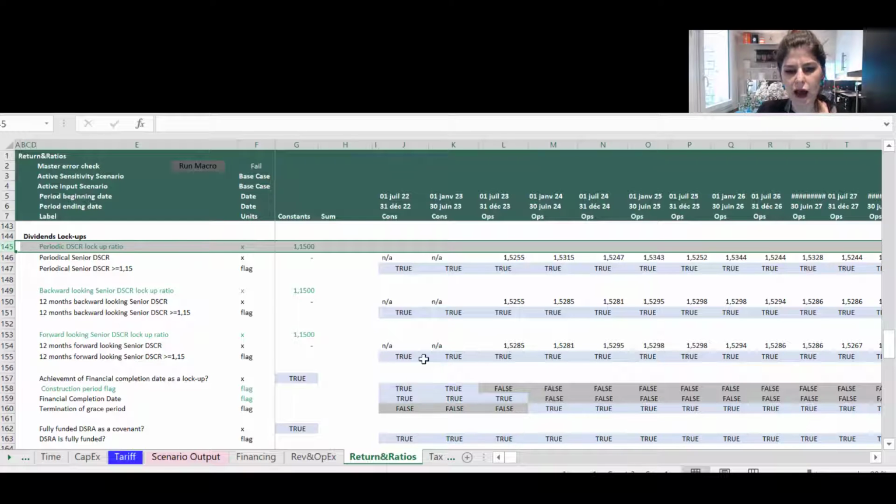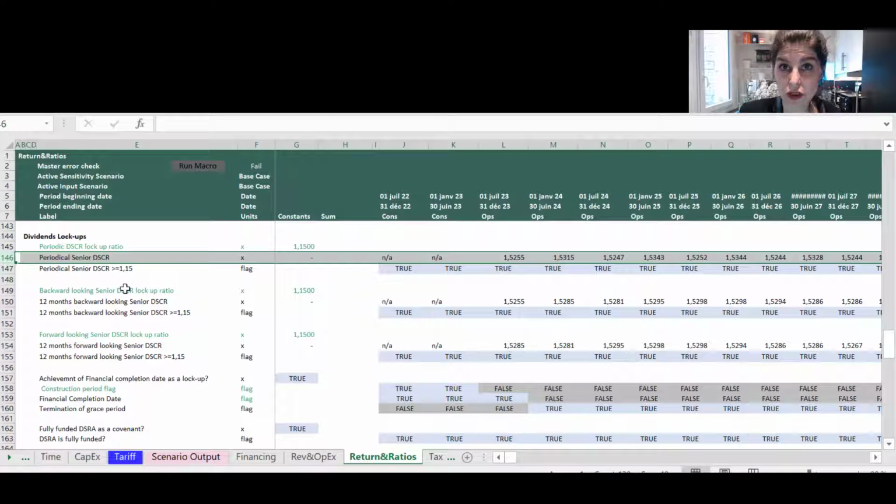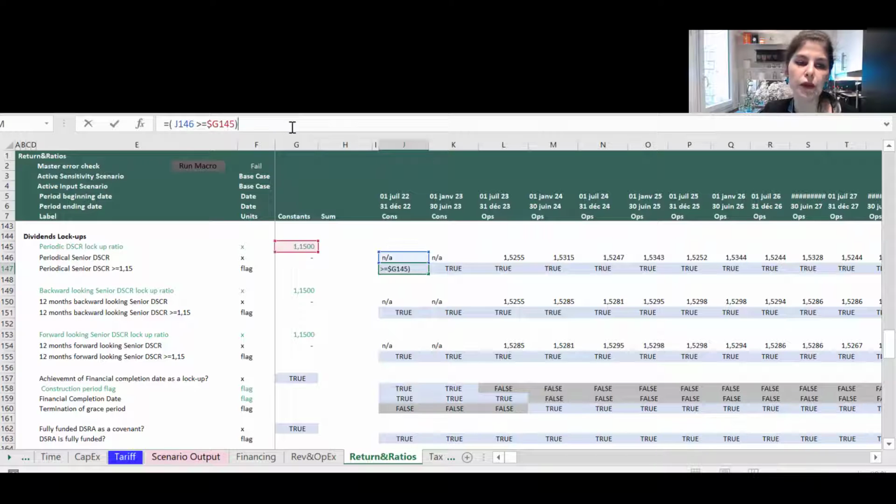So I already calculated somewhere the periodic senior debt service cover ratios. And I just need to create a simple flag to make sure that on each model period, my debt service cover ratio is greater than 1.15, okay? And that's one of the conditions that the lenders impose.